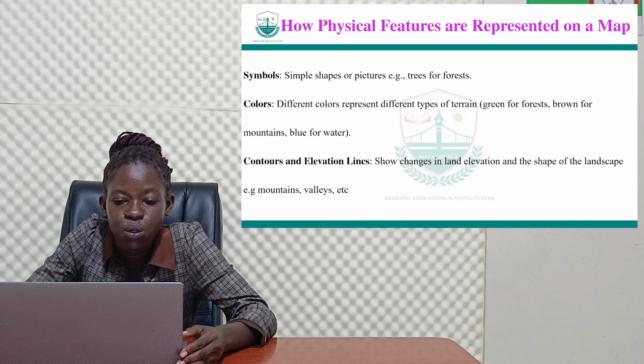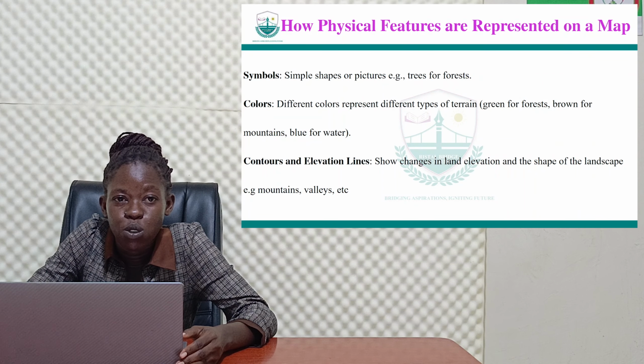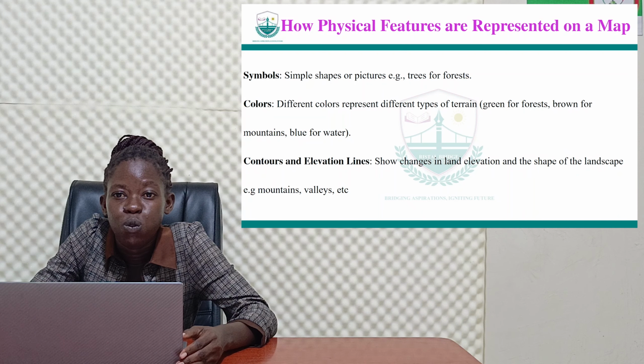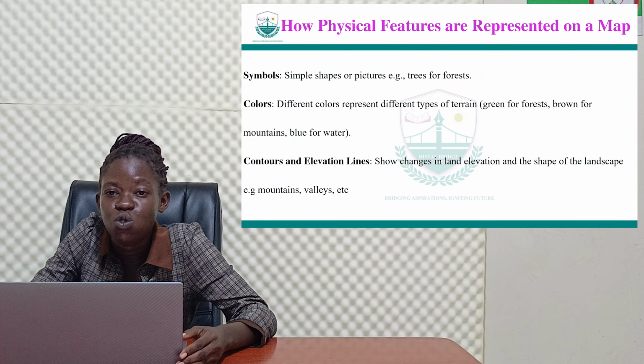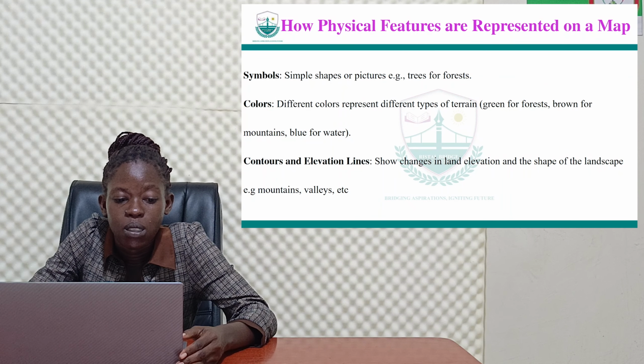Colors also can represent these features. Let me say when it is a river or a water body, we can represent it in the form of an irregular shape that is blue in color. That simply means that it is a water body.